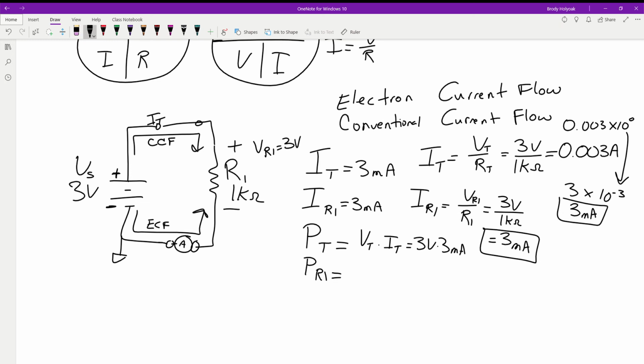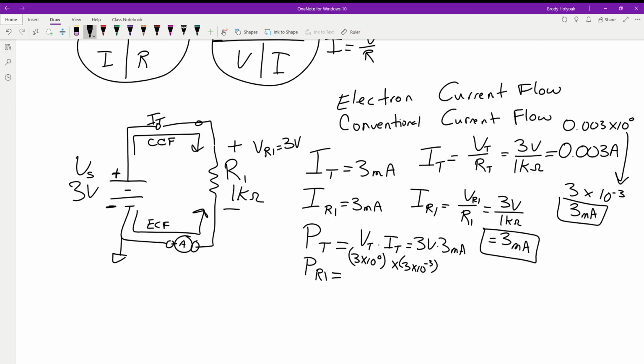So remember, this is where we have to remember what these symbols mean. So we have 3 times 3 times 10 to the negative third. The other thing to remember is it's not just 3. Okay? It's 3 times 10 to the 0.